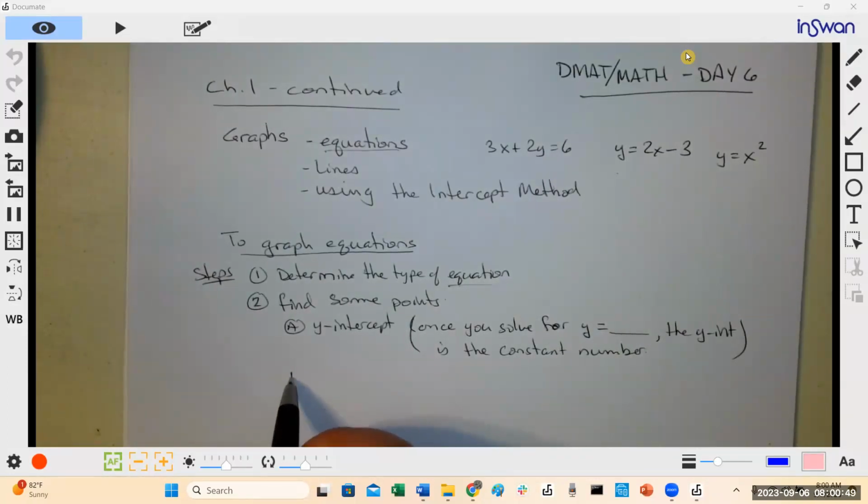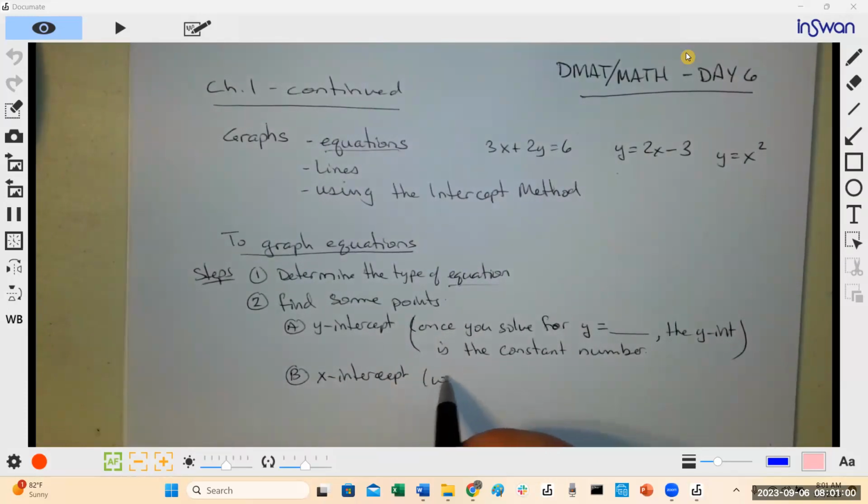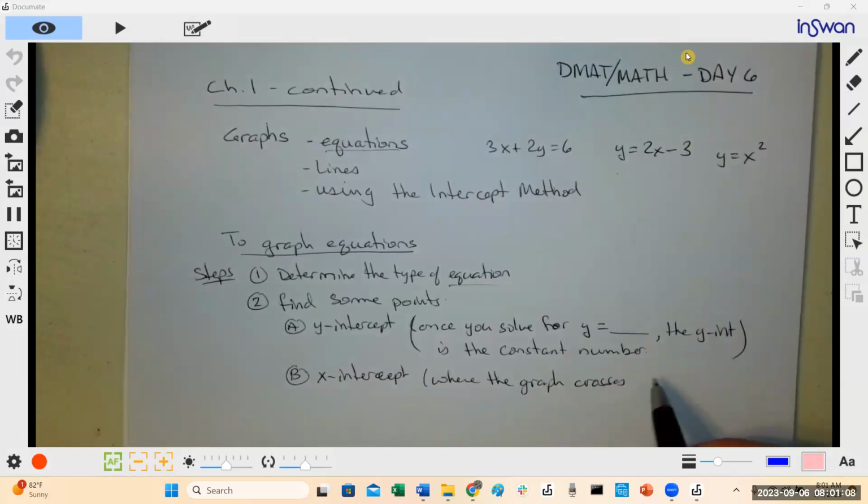All right, then you can also find the x-intercept. It's where the graph crosses the x-axis, the horizontal axis.